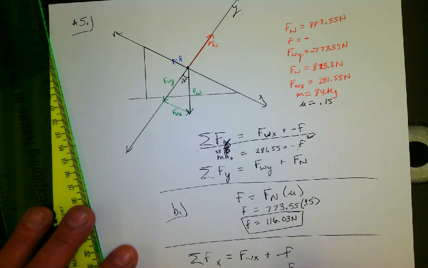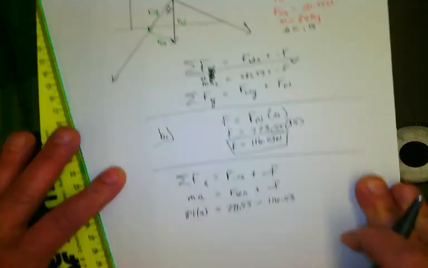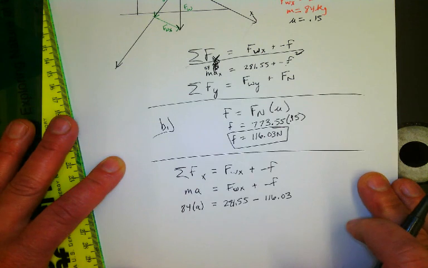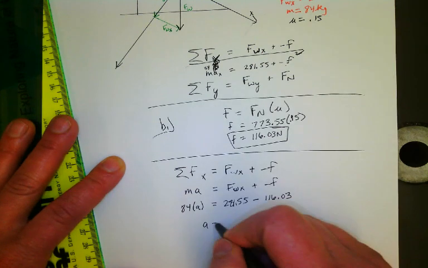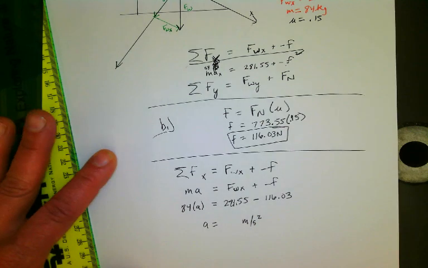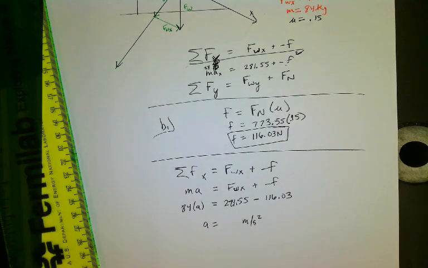Move your paper down, please. So what do you get for A? How fast is it going down slope? Well, just velocity.